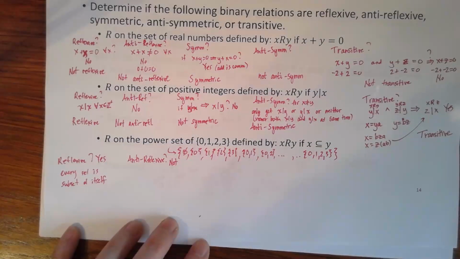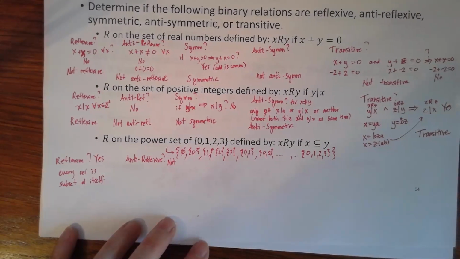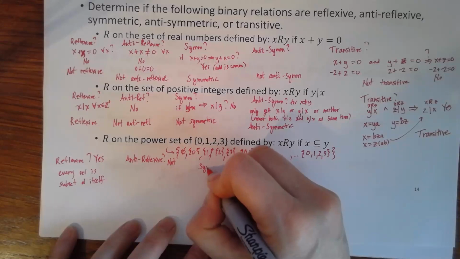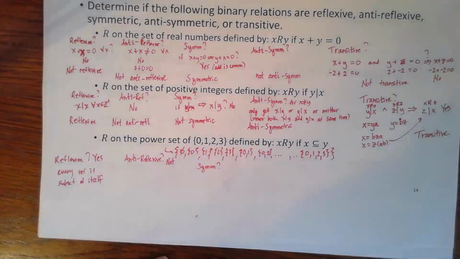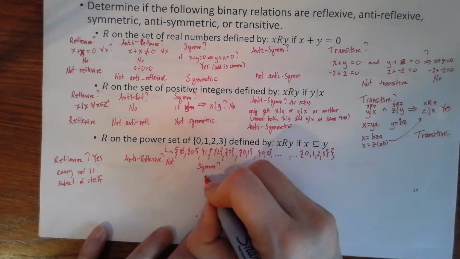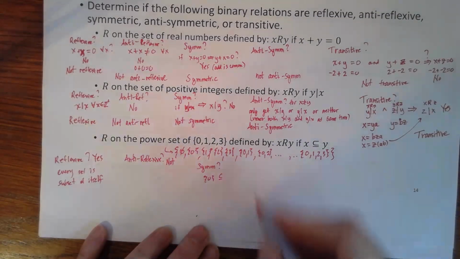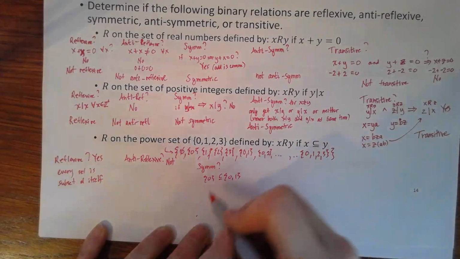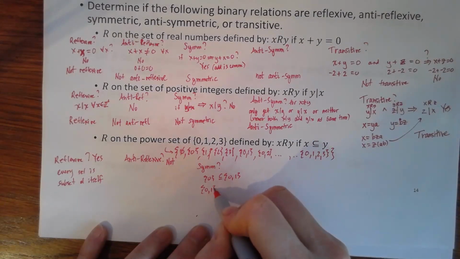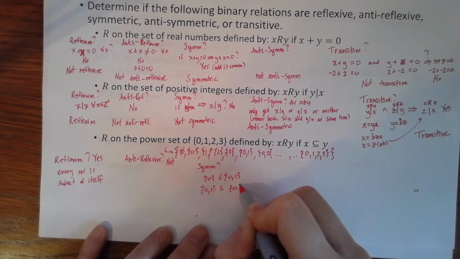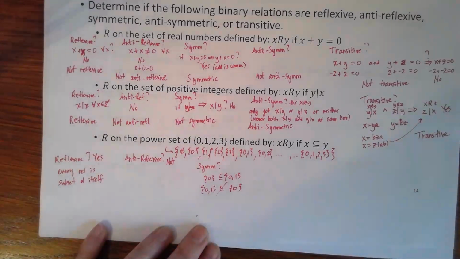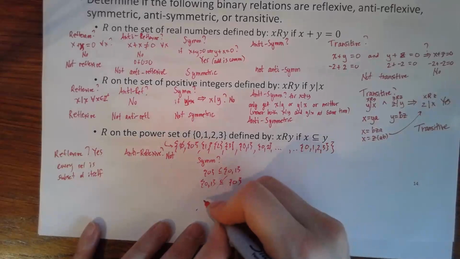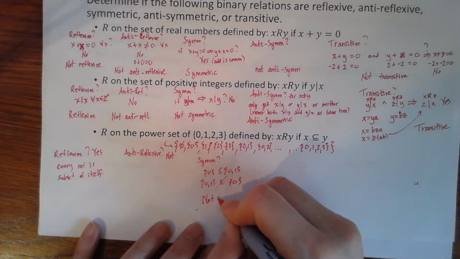Every set is a subset of itself, so it is not anti-reflexive. Is it symmetric? If, for example, 0 is a subset of 0, 1, is 0, 1 a subset of 0 as well? Does it go both ways? No, it does not. So this one is not symmetric.